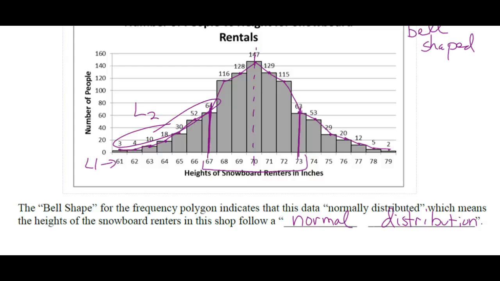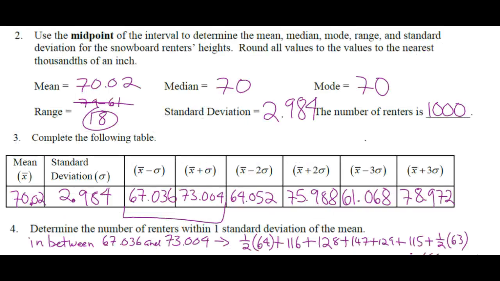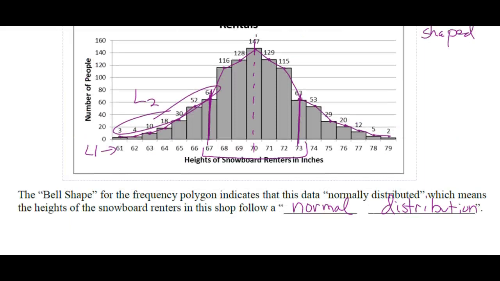Within 2 standard deviations of the mean is going to be from 64 to 76. So 64 we go here, and 76 we go here. So this was within 1 of the mean. When I use sigma, just read that as standard deviation. This is within 2 of the mean.